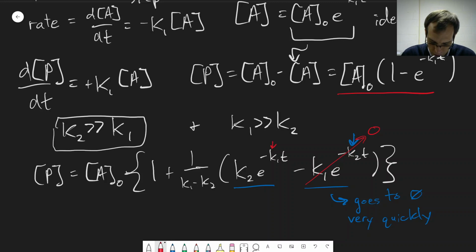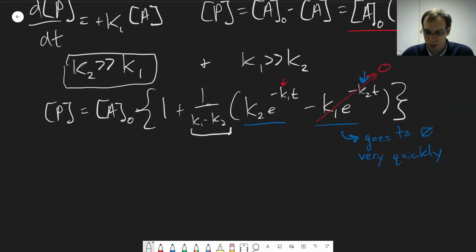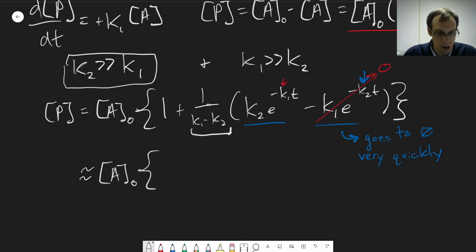We can also say that in this fraction, in the denominator here, if K2 is much bigger than K1, we can ignore the K1. It's not going to make a big difference. So assuming K2 is much bigger than K1, we'll have A naught times 1 plus 1 over negative K2, because again, K2 is much bigger than K1, so we can ignore the K1 in the denominator.